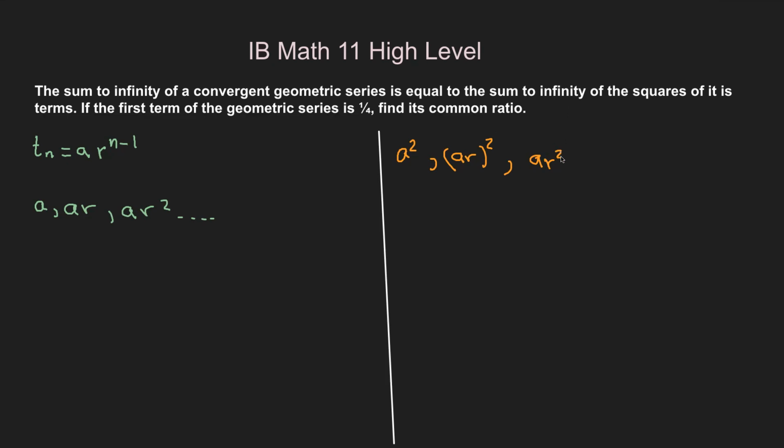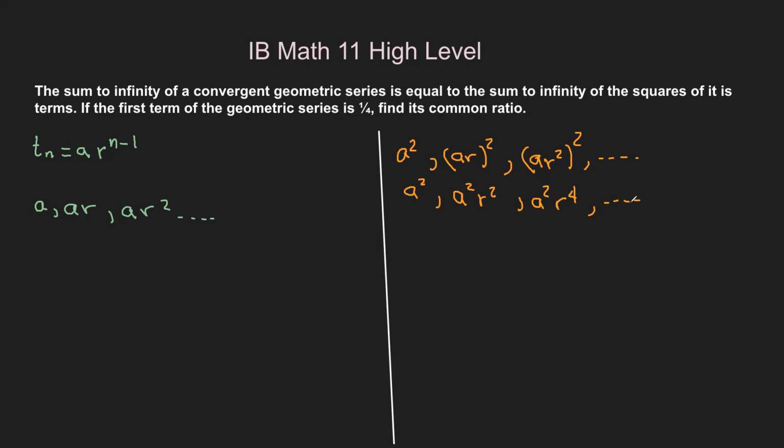This continues. So I'm going to simplify this and get A squared, then A squared R squared, because you have to square the A and square the R. And the next one, you square the A to get A squared, and square R squared to get R to the 4. This pattern will continue.